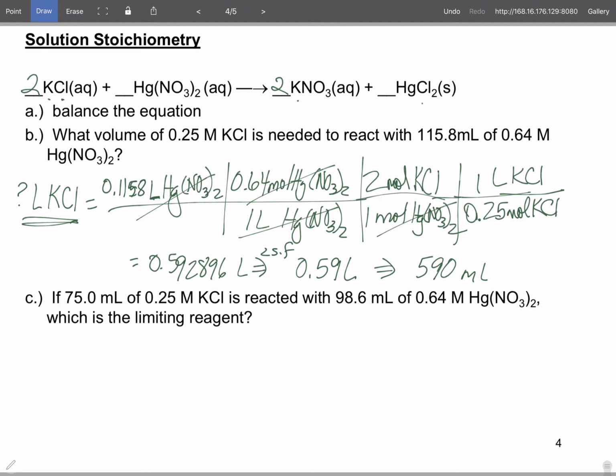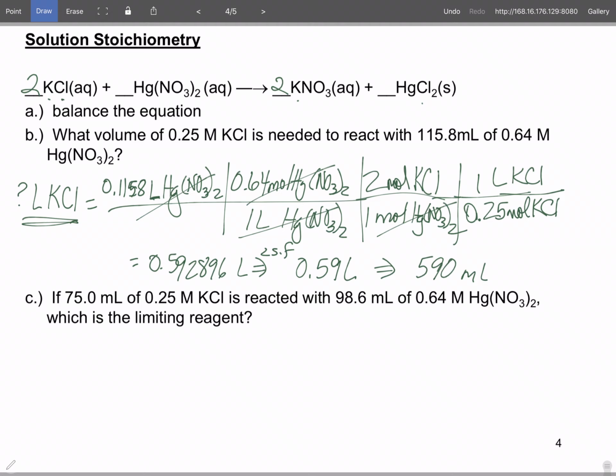You do not put the decimal behind the zero because in this case you need that zero to not be significant. Okay, we need it to not be significant, so we are good to go. All right.